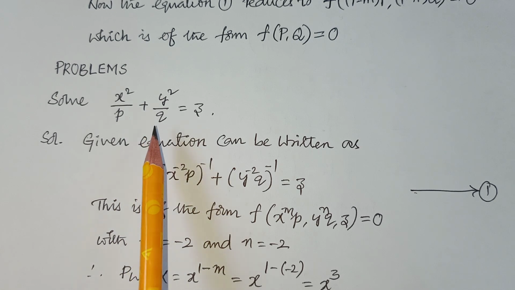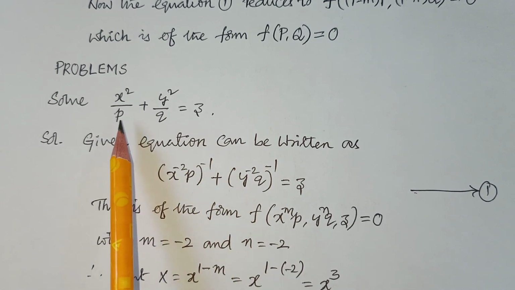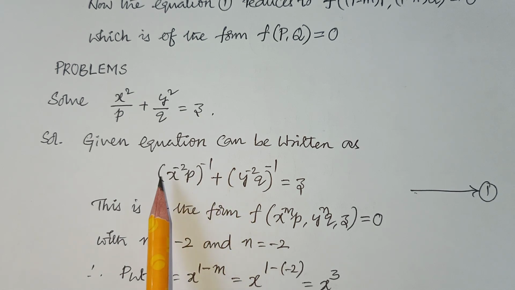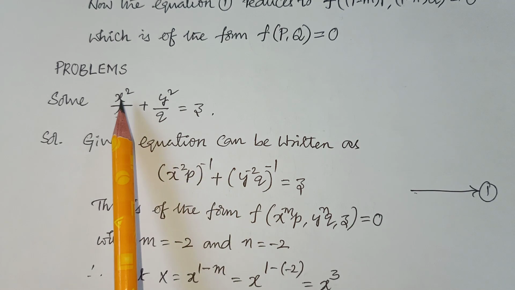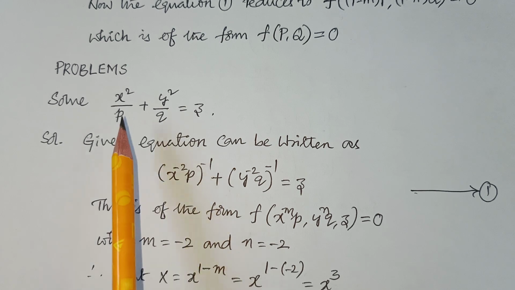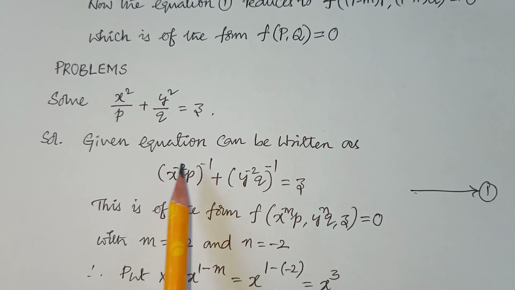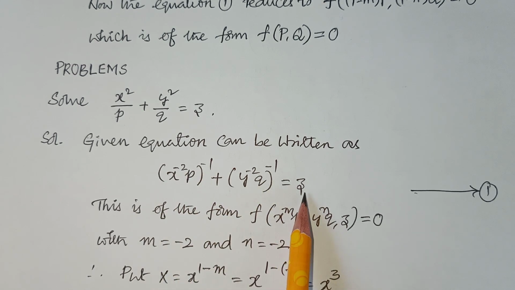Now, what we will do first is write the given equation like this. I'm taking this p to the numerator, so that it becomes something like px whole power; in that form you have to write. This x square I'm writing as x power minus 2 whole power minus 1, and the p I took to the numerator, so that is p whole power minus 1. Similarly this term, and the whole thing is equal to z.